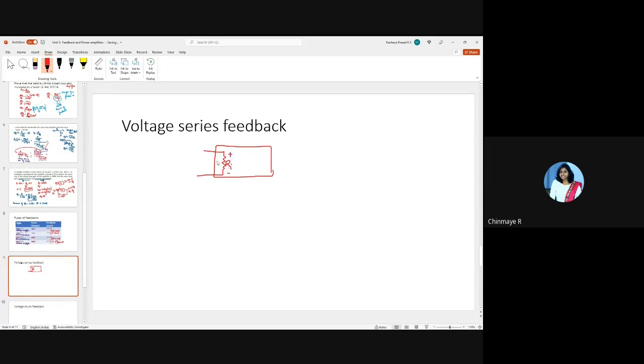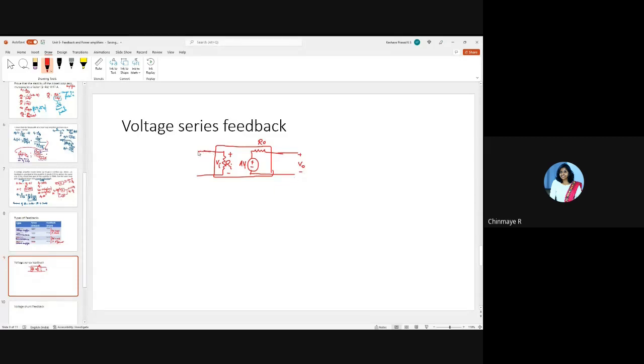Whatever voltage is dropped across Ri is going to get amplified, so this will be A times Vi. Then you will have the output resistance R naught, and finally you will take the output voltage across some load.